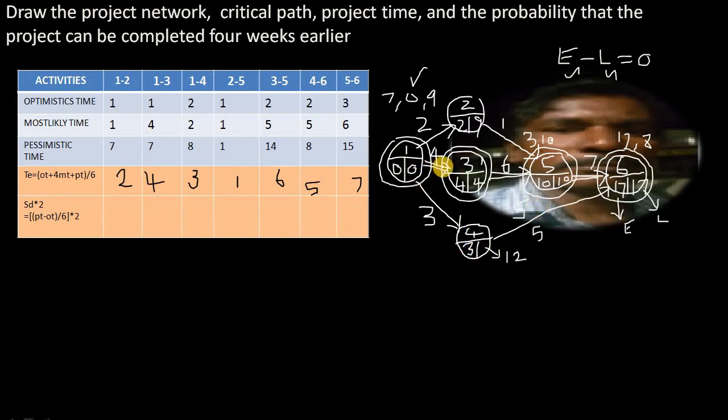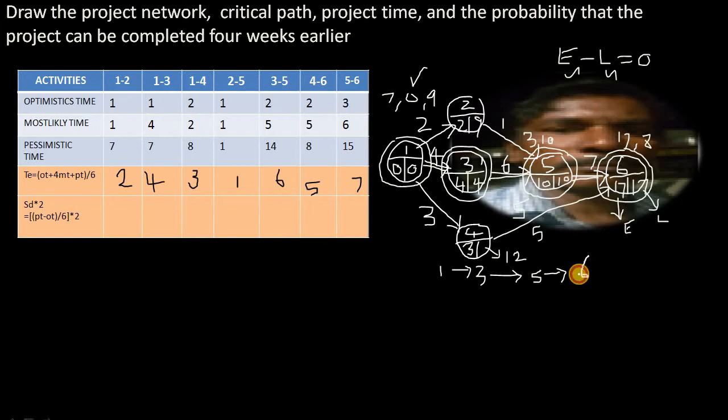So this path through which we are drawing such that the events which have the difference 0 between earliest time and latest time is called a critical path. So here the critical path is 1 to 3, then 3 to 5, and next one is 5 to 6.